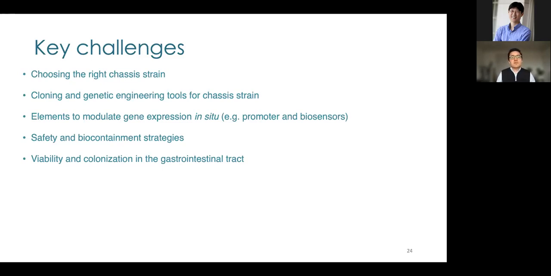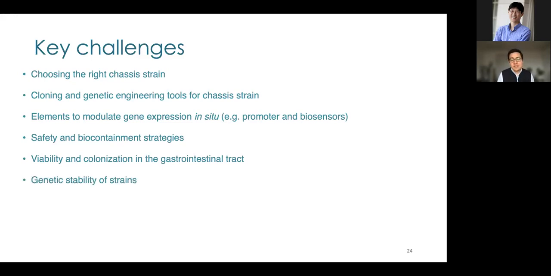However, there are approaches in which you can engineer circuits in your chassis, so that it is able to use a specific carbon source or colonize a specific part of the gastrointestinal tract. And we have also projects working on that.